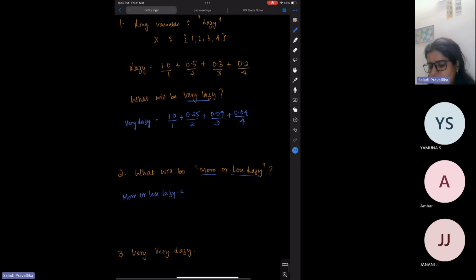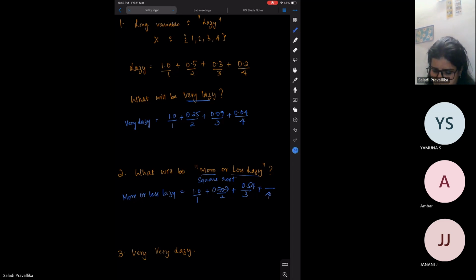Which means you have to take the square root. So the square root of 1 is 1, plus the square root of 0.5 is 0.707 for 2, plus the square root of 0.3 is 0.54, plus the square root of 0.2 is 0.447.